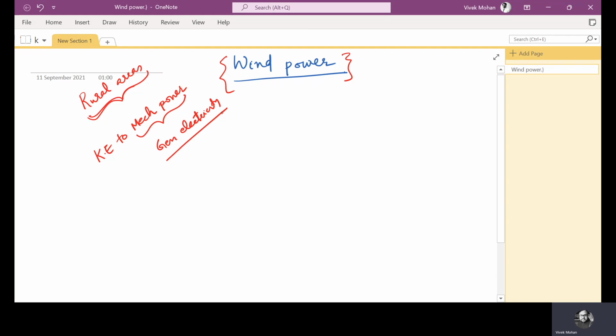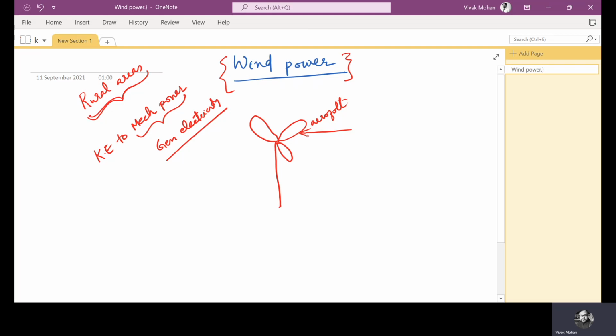Today's wind machines use blades to collect the wind's kinetic energy. The blade looks like an aerofoil, and when the wind hits the blades, it rotates.